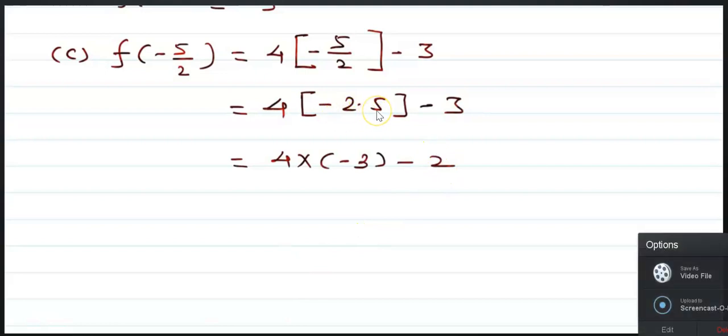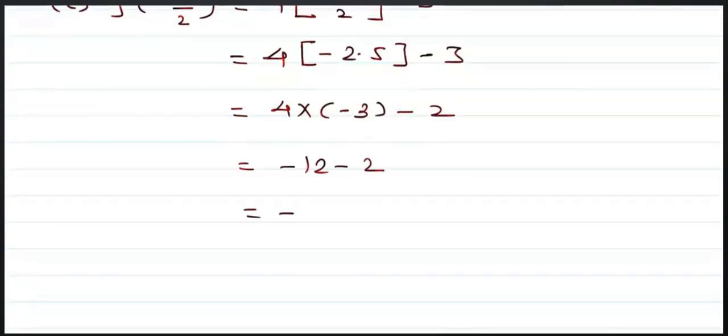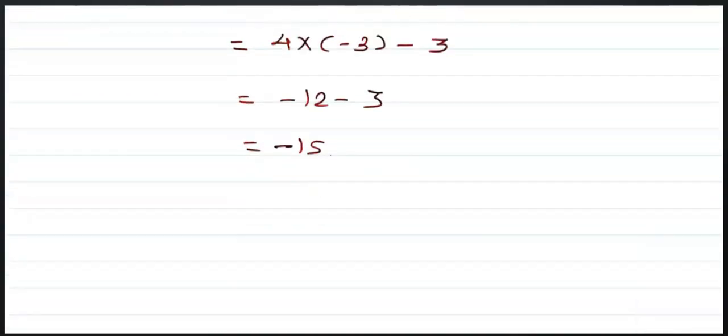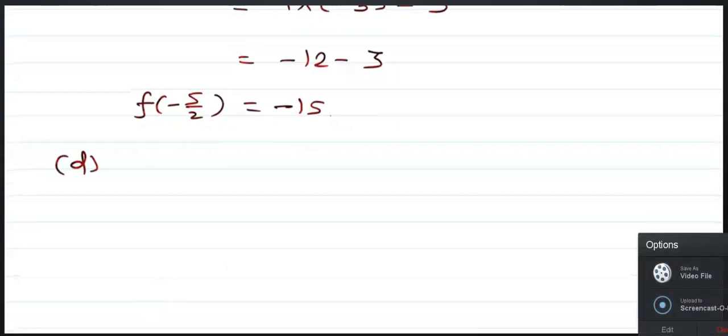Minus 2.5, its greatest integer is minus 3. By mistake I had written 2, but here it is 3. I will replace it. Therefore, f of minus 5 by 2 is equal to minus 15.